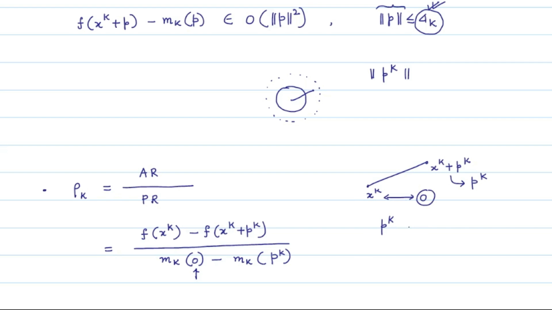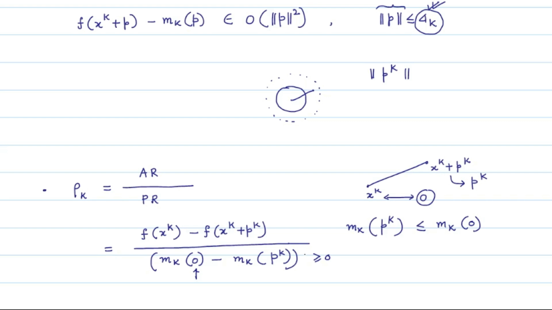Therefore mk(pk) is certainly less than or equal to mk(0), and therefore the expression in the denominator of this ratio is certainly a non-negative quantity. Effectively, by moving from xk to xk plus pk, we get a reduction of the model function. That's why we call the denominator the predicted reduction.